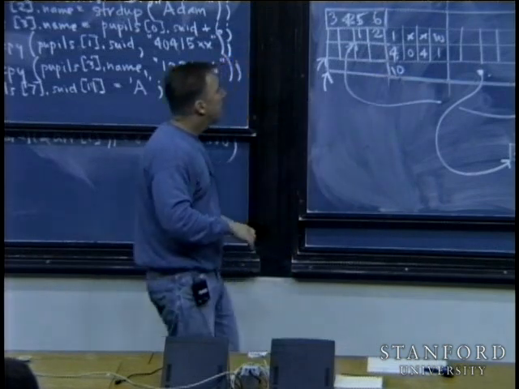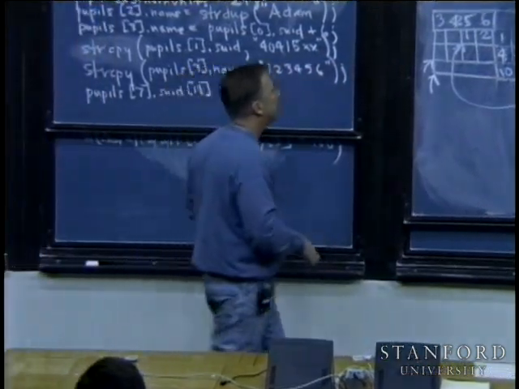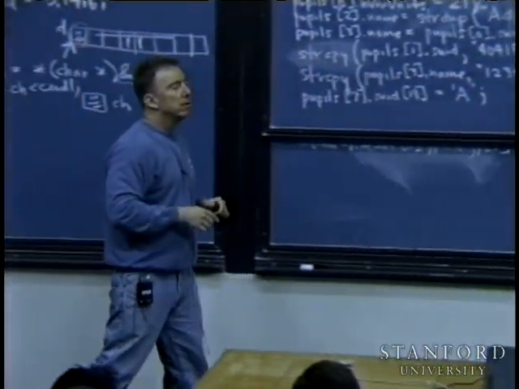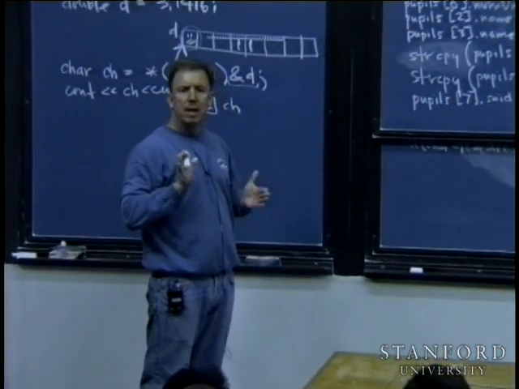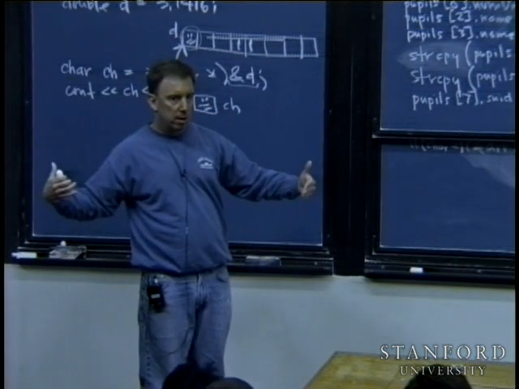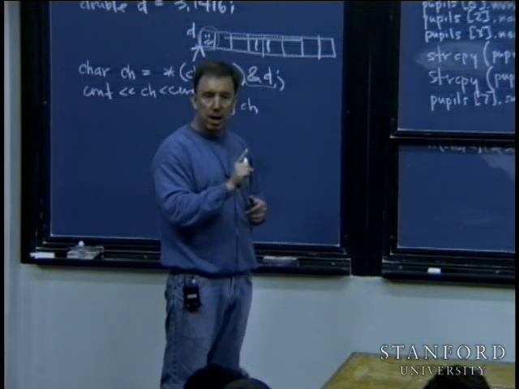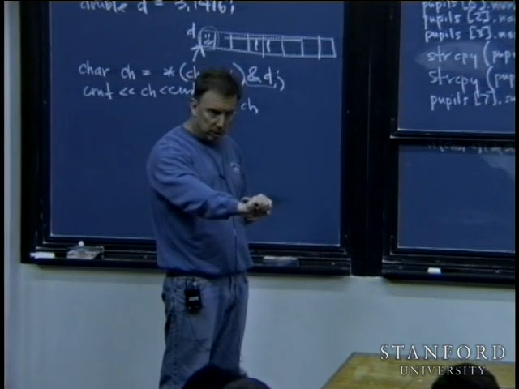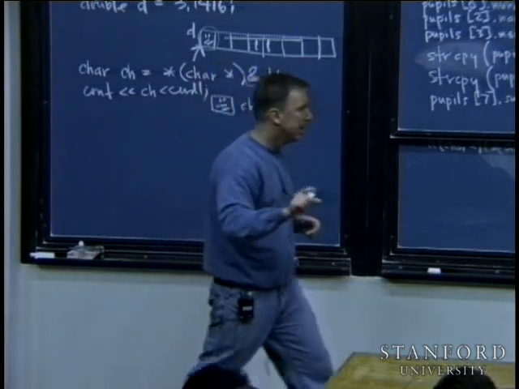Okay. If I were to print out this right there, if I were to pass that char star, it has no idea that it's the address of a character that happens to be in a larger string that starts before it. So if I were to pass that address to cout, it would print the A and the garbage, and that's it. Does that make sense? Okay, just to make that clear to everybody.